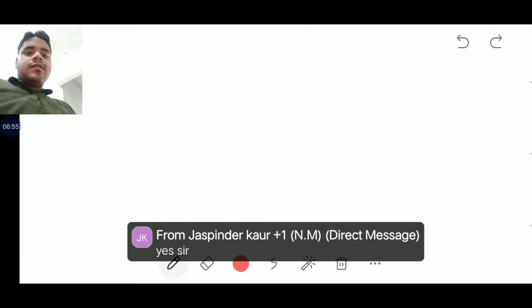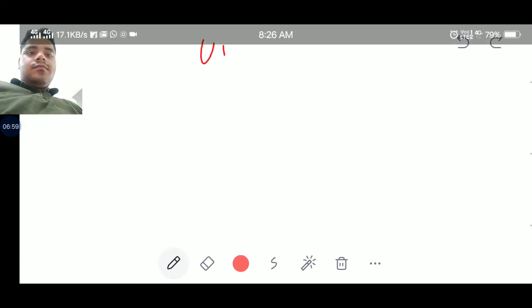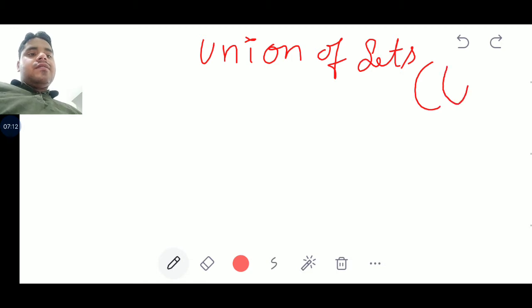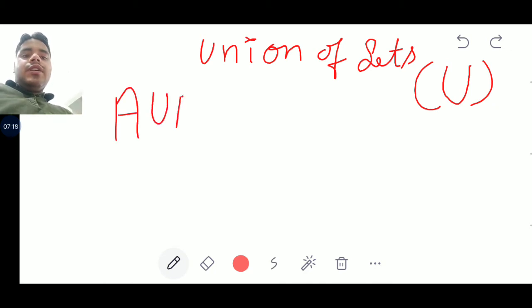Let's move towards the union of sets. It is represented by this U, written as A union B symbolically. So what does this union represent?